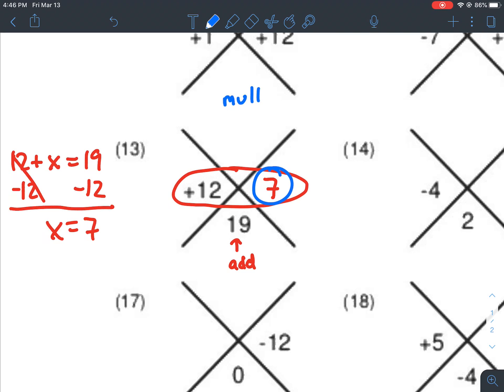The top comes from multiplication, so all we have to do is take our left side and our right side and multiply those together. 12 times 7 comes out to be 84, so 84 is what goes on top. 12 times 7 is 84, and 12 plus 7 is 19. We get the top by multiplying, the bottom by adding.